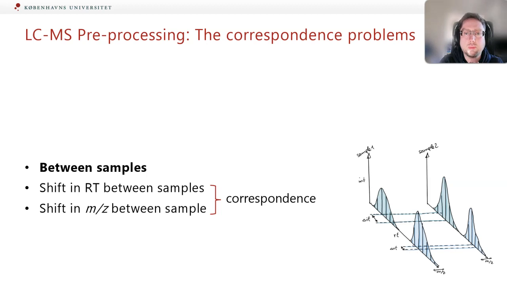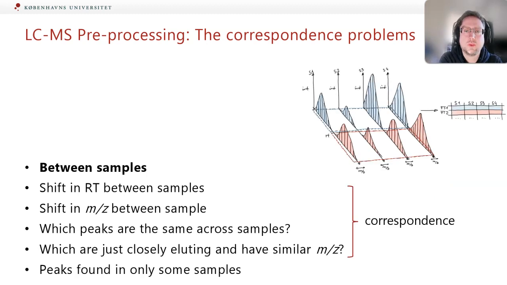So here our problem is that retention time can shift a little bit between samples, and the mass won't be exactly the same in all samples either. So we somehow need to match the peaks across samples while allowing for this variation.